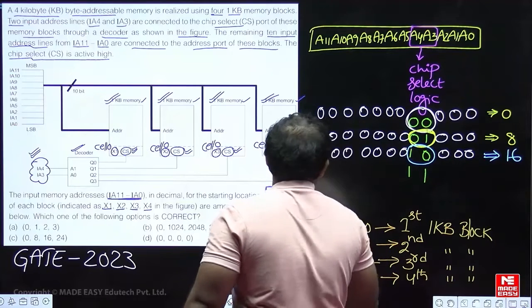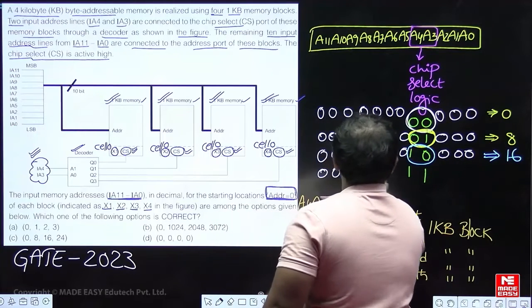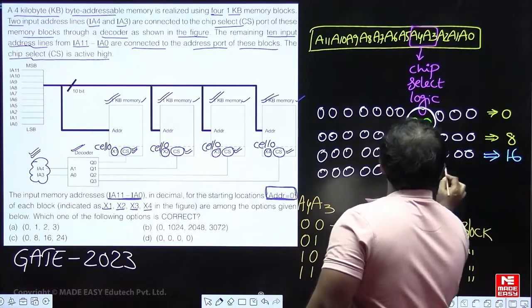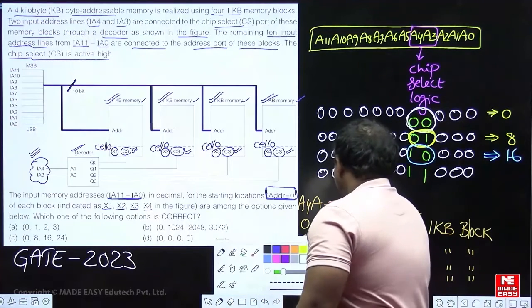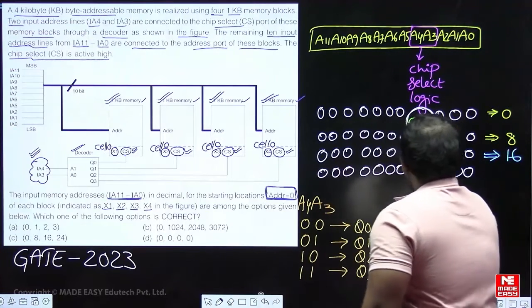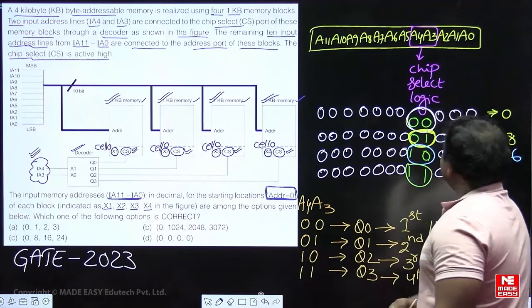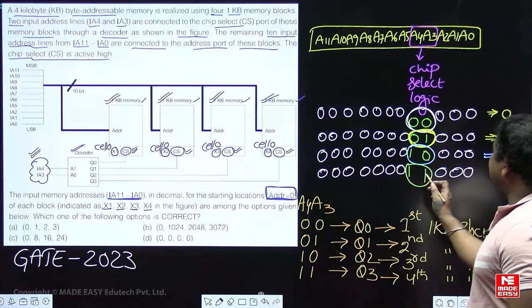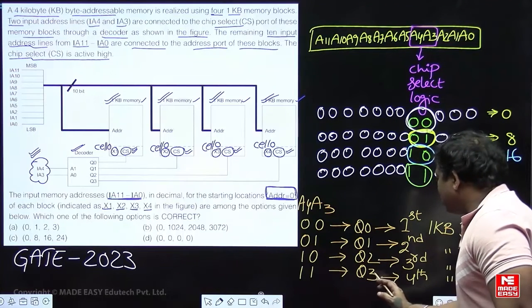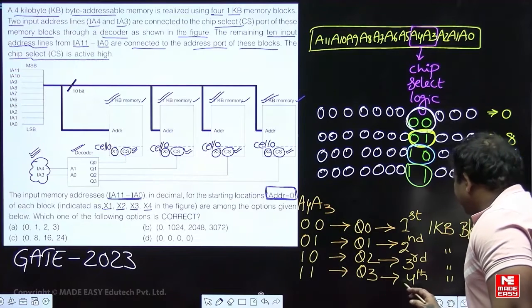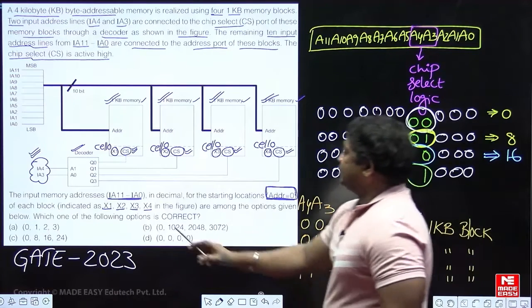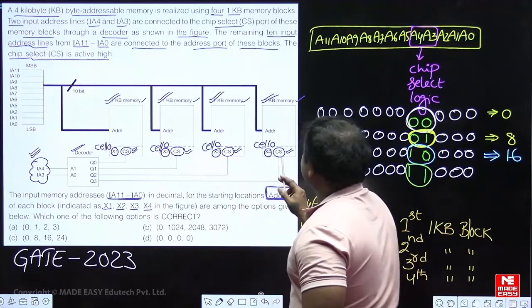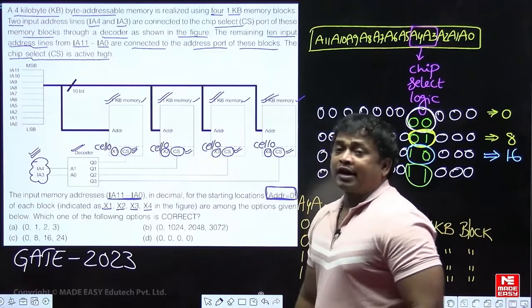Now starting address, last unit. Starting address means all zeros. If I put all zeros here, A3 and A4 status is 1, 1. A3, A4 status 1, 1 means decoder output is Q3. Q3 means fourth 1 KB block is activated. You know, Q3 connected to the chip select logic of fourth 1 KB block.